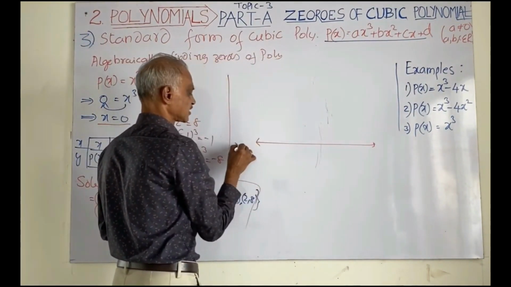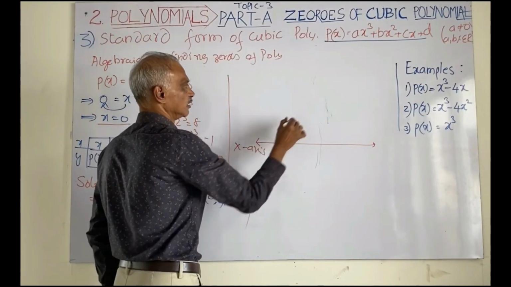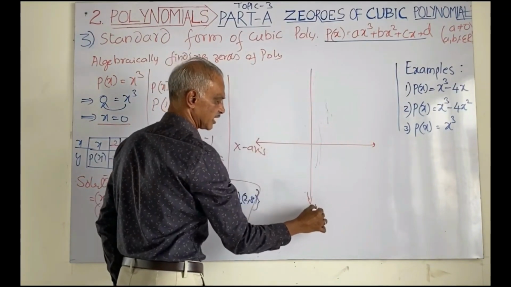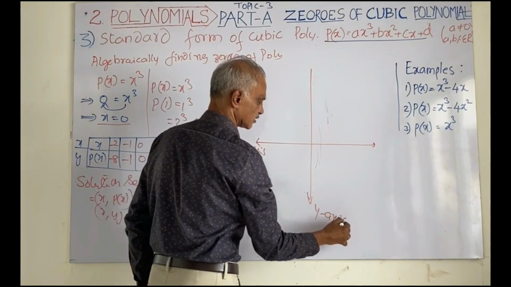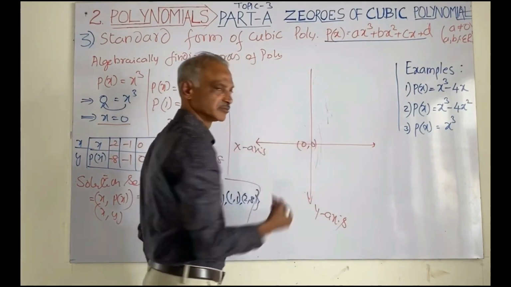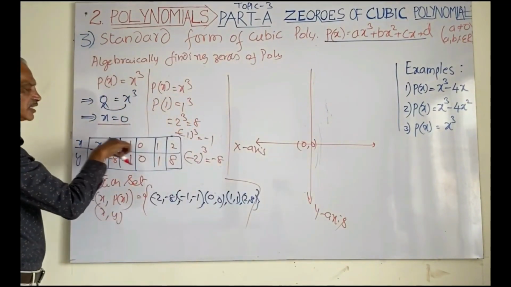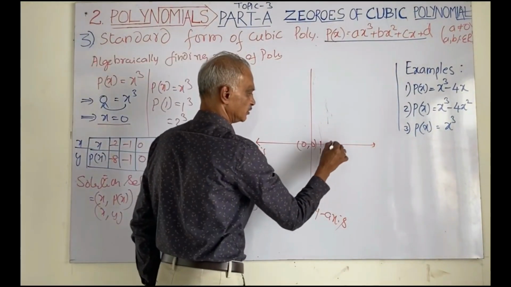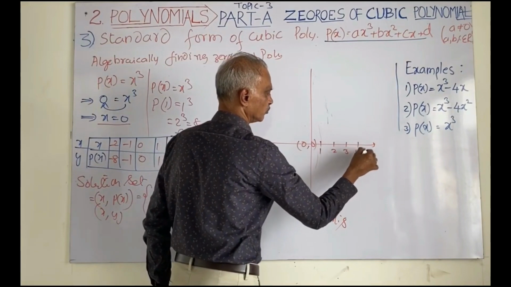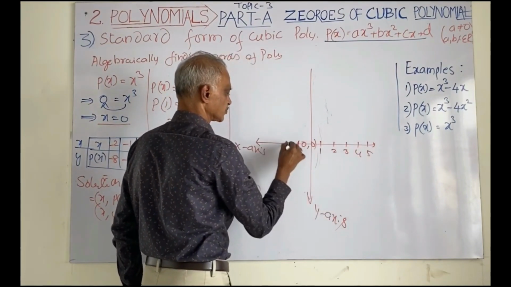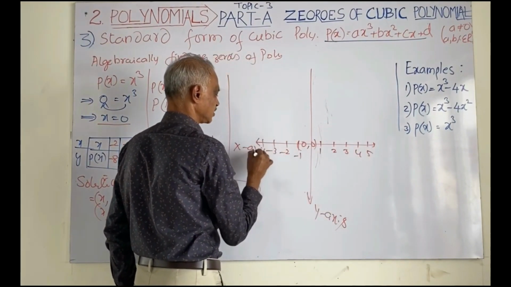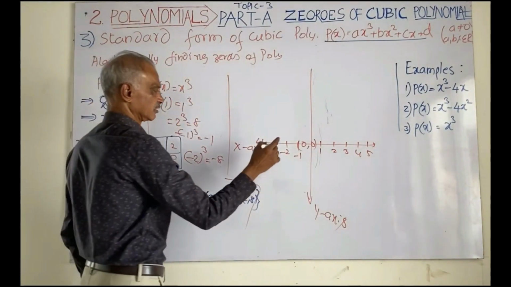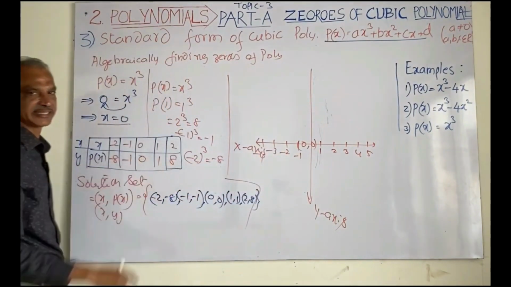This is the x-axis and this is the y-axis. This is the origin. See, the x coordinates are 0, 1, 2, minus 1, minus 2. 1, 2, 3, 4, 5, minus 1, minus 2, minus 3, minus 4. I will take the y coordinates up to 8.